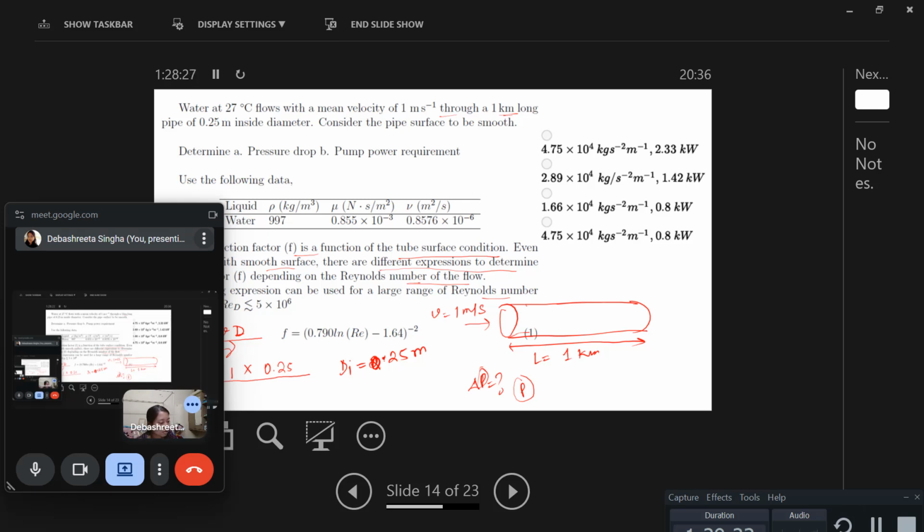Nu is 0.8576 into 10 to the power minus 6. So if we calculate this, we get 0.25 divided by 0.8575 into 10 to the power minus 6.